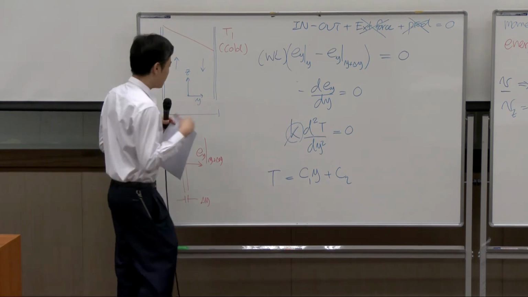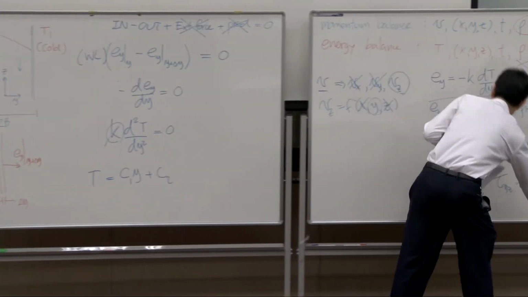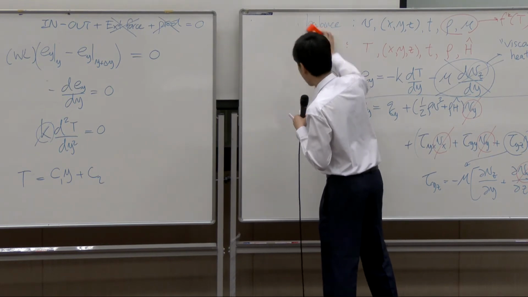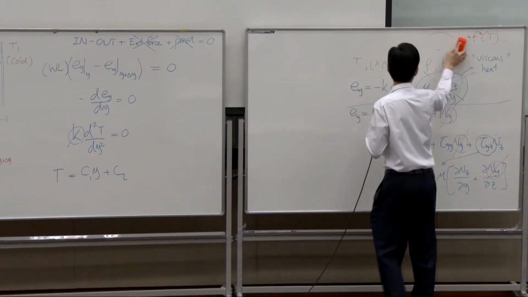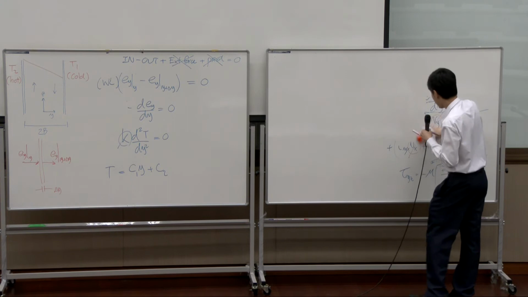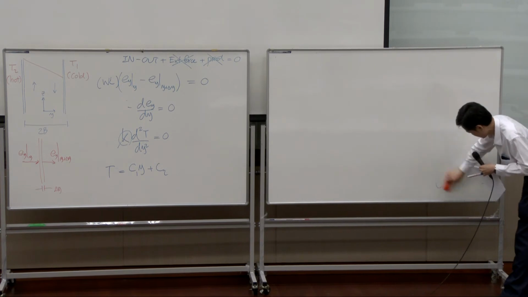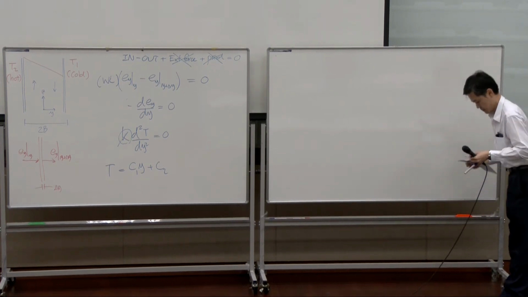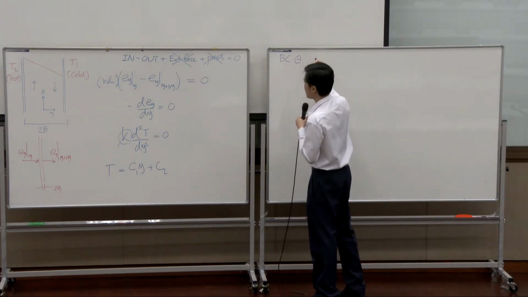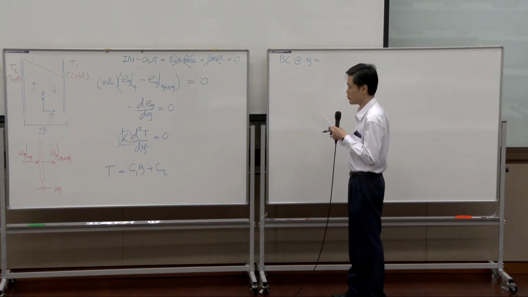But mathematically, once you get this, we need to find C1 and C2. We need two boundary conditions. Of course, we know temperatures T1 and T2 already, so we just plug them in to solve for the temperature profile. All right, so boundary condition: the width of the gap is 2b.